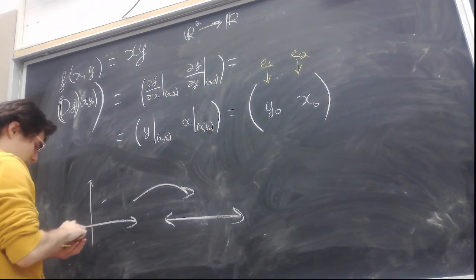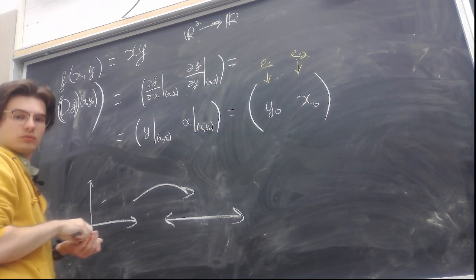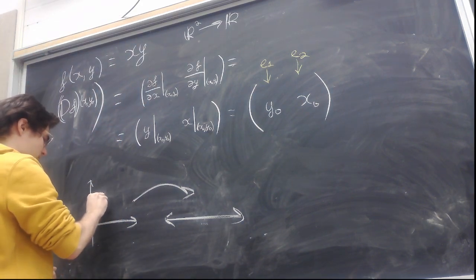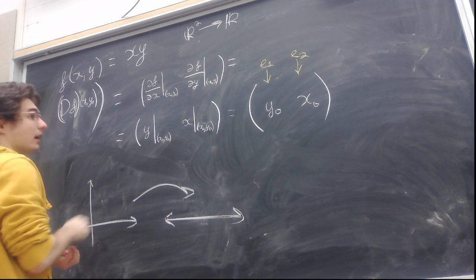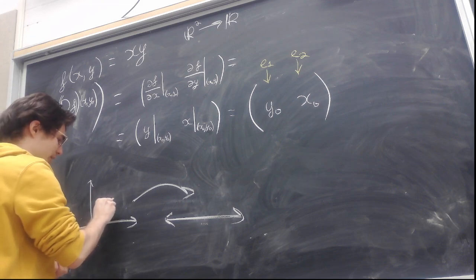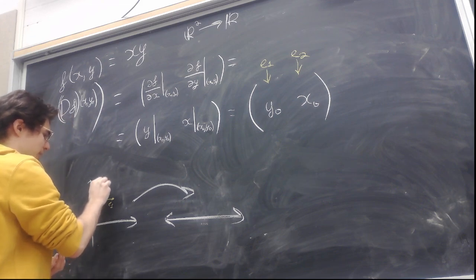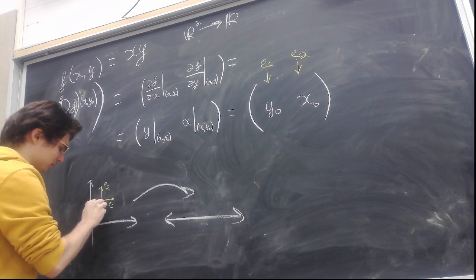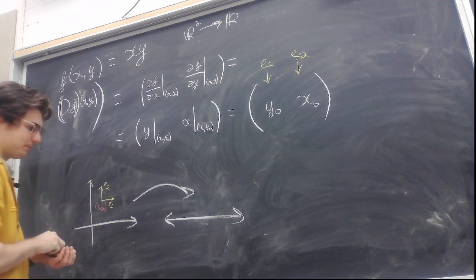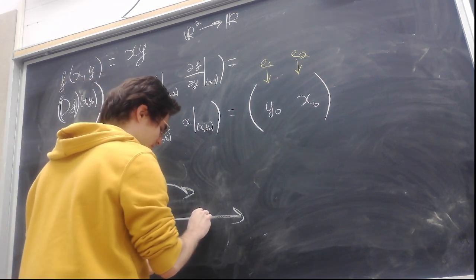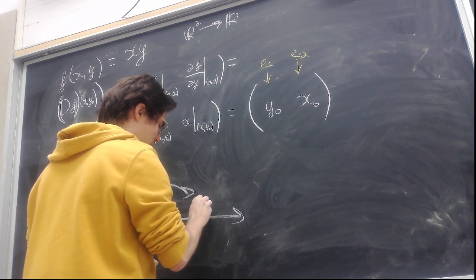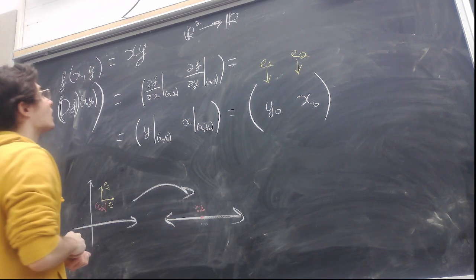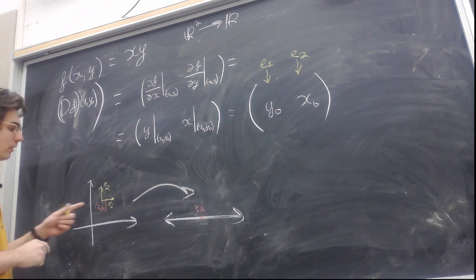Suppose I was at this point, and I have a vector E1 this way, because that's the x. E2 is this way, and this is the point x naught, y naught. And then I have some value f of x naught, y naught.